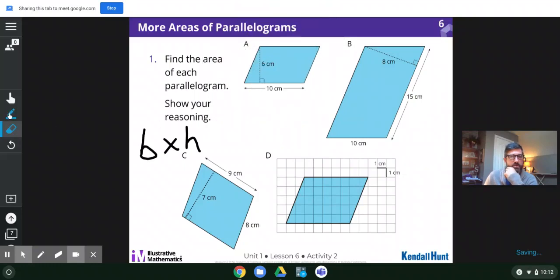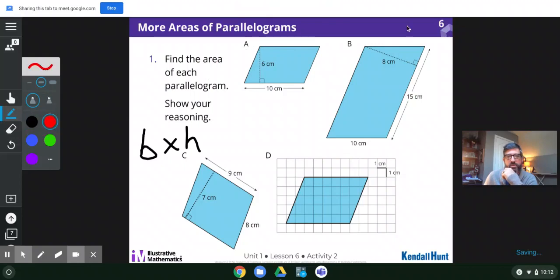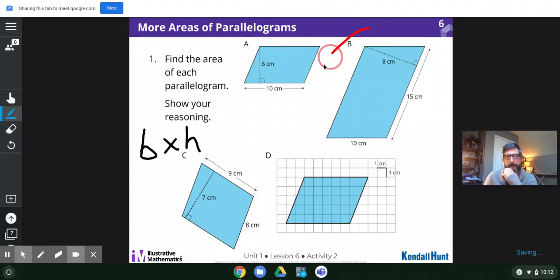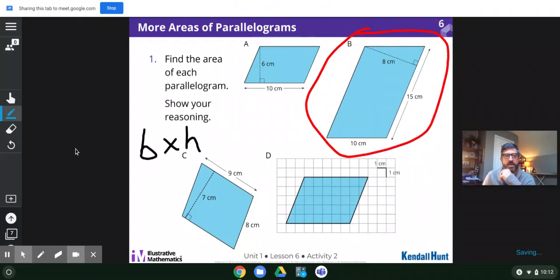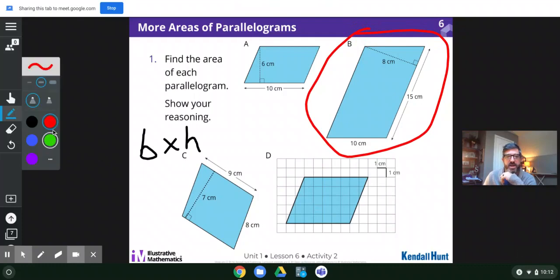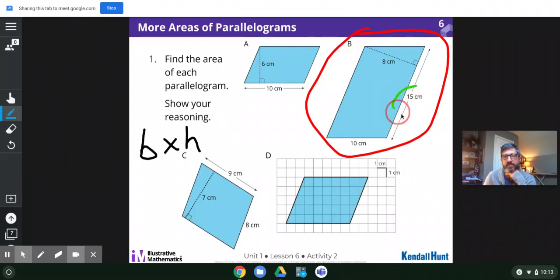All right, so we're going to do B. Now remember, you can choose any side of the parallelogram you want to be the base. So in this instance, they've chosen this side here. So the base is 15.